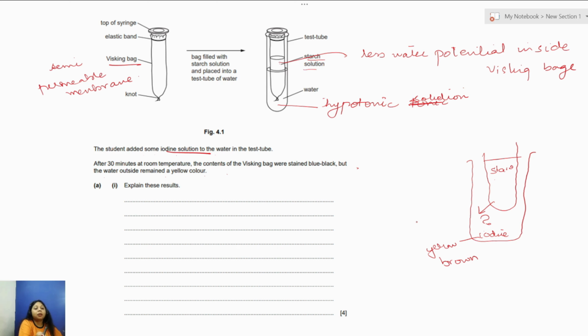Exactly. Why is it not moving out? There is no starch in the water, so it should move out due to the concentration gradient. But starch is not moving out because it is bigger in size.